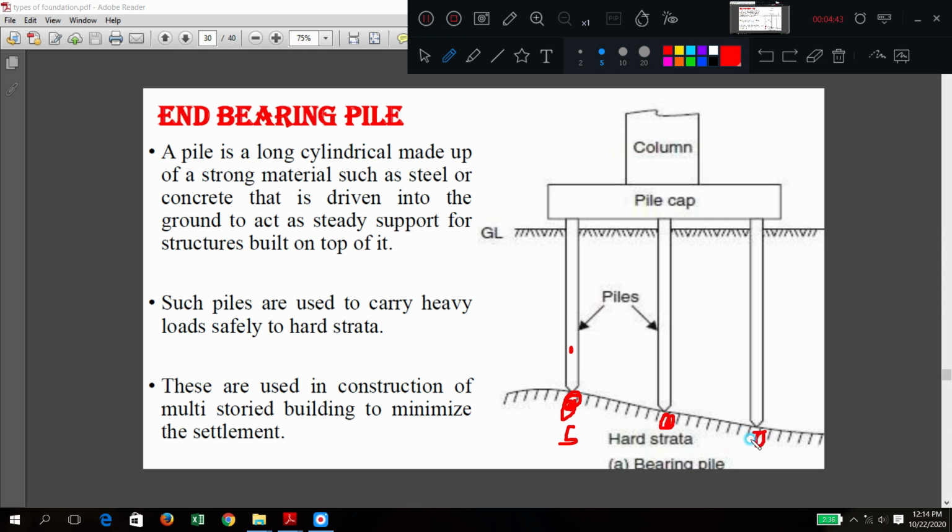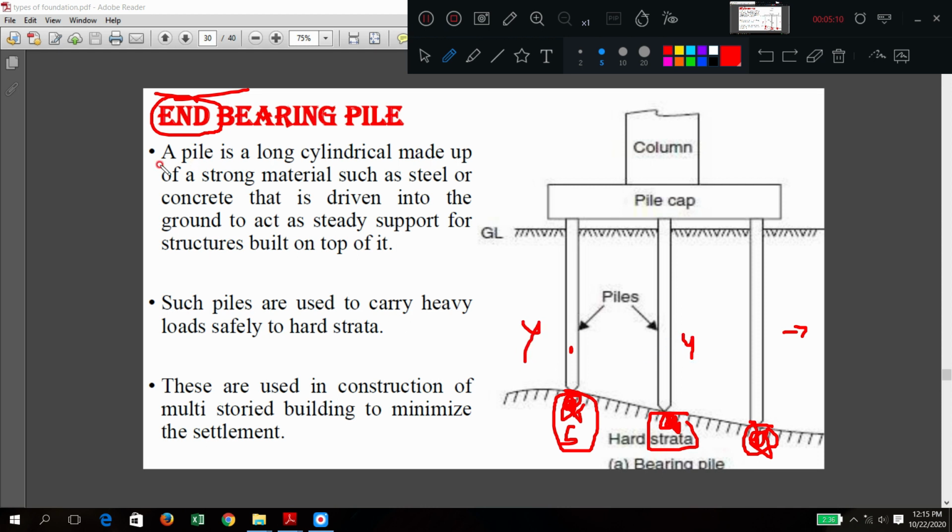All the loads are transferred only at the bottom portion. Then we call it an end bearing. End means here at the bottom portion only load transfer takes place. No side load transfers.